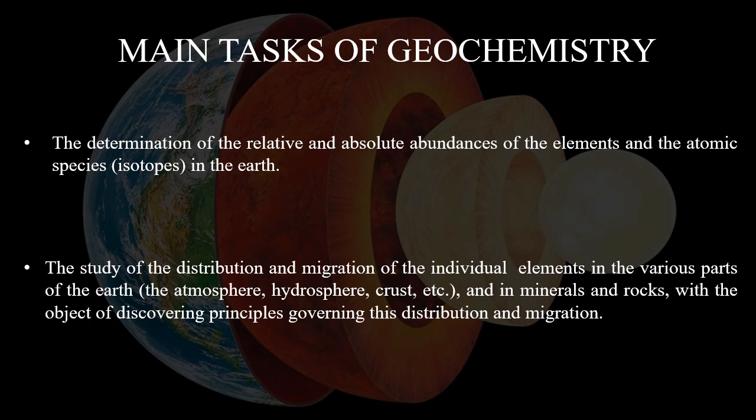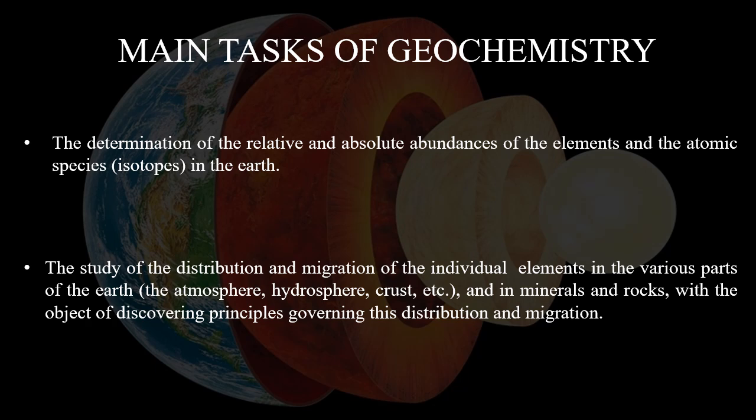So, what are the main tasks of geochemistry? The main task of geochemistry is to determine the relative and absolute abundance of the elements and the atomic species, known as isotopes, in the earth system.